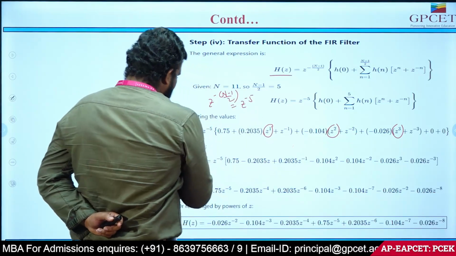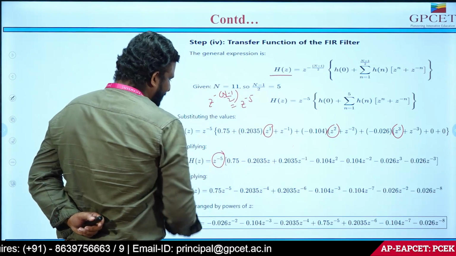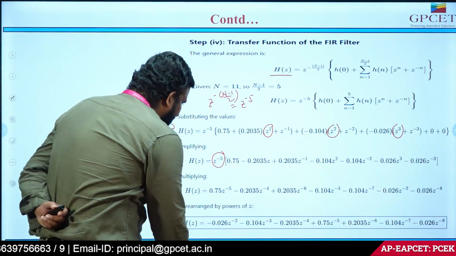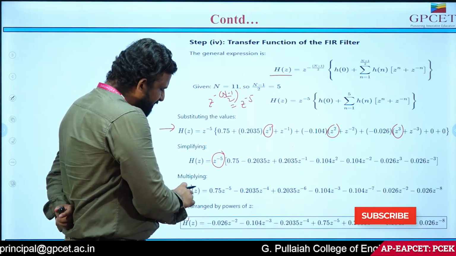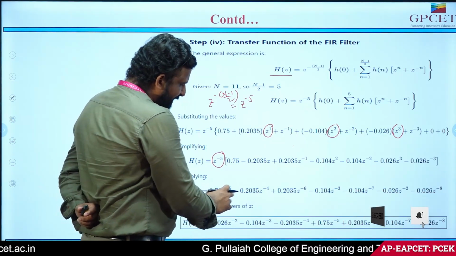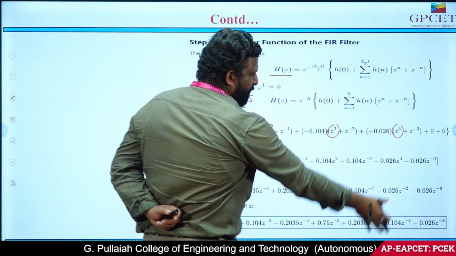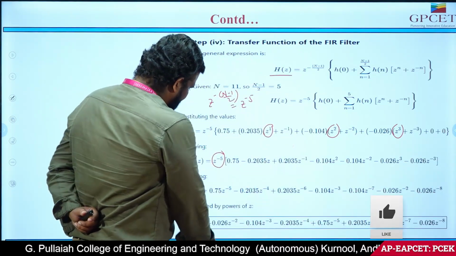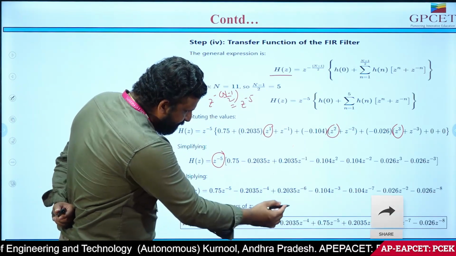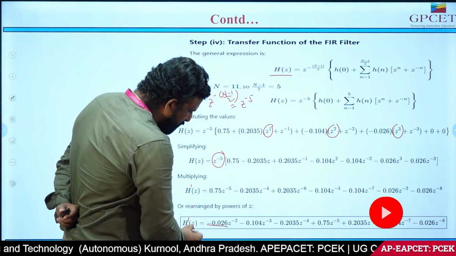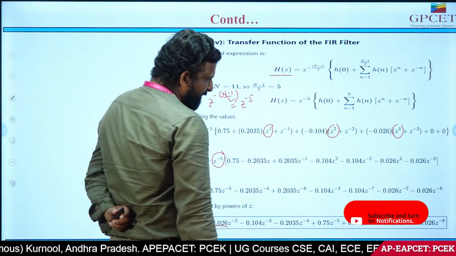The formed equation h of z is multiplied with z power minus 5, and we get the finalized equation h inverse of z is equal to z power minus 5, minus 4, minus 6, minus 3, minus 7, minus 2 and minus 8. After rearranging, taking the common factor 0.026, the value will be z power minus 2 minus z power minus 8.